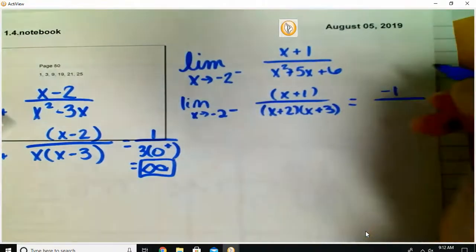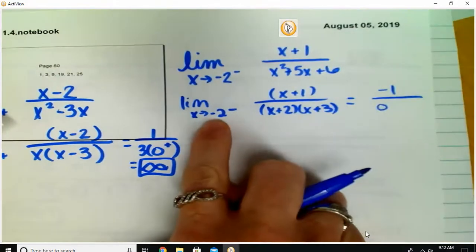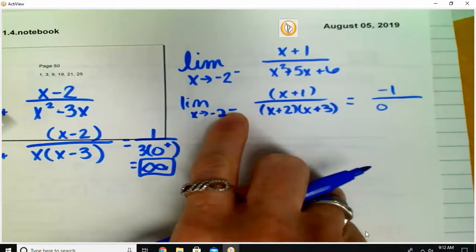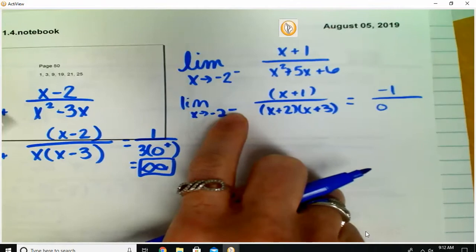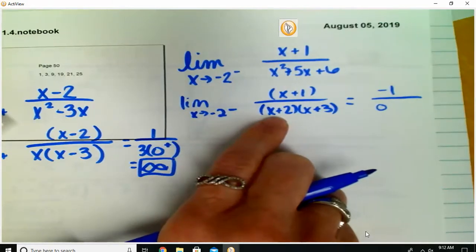On the bottom, -2 plus 2 is going to 0. You are putting in something smaller than -2, like -2.1 or -2.5. So when you add 2, is it positive or negative? Negative. Does everybody see that?